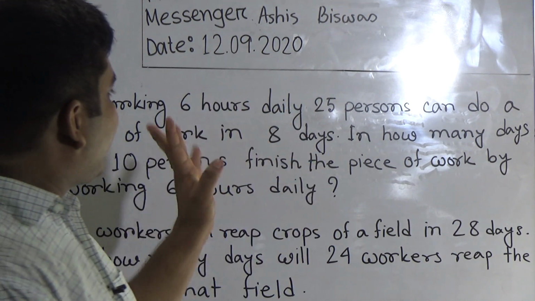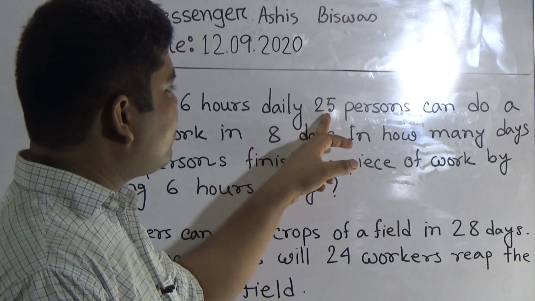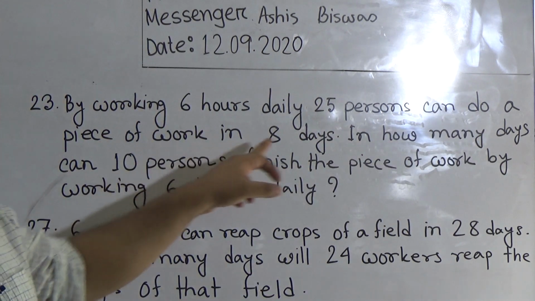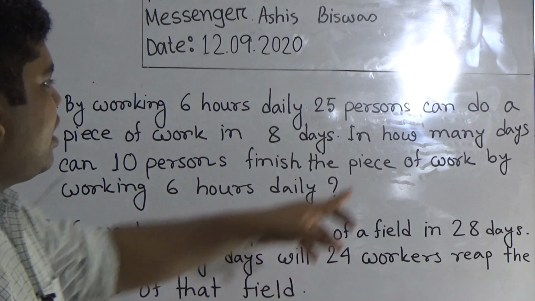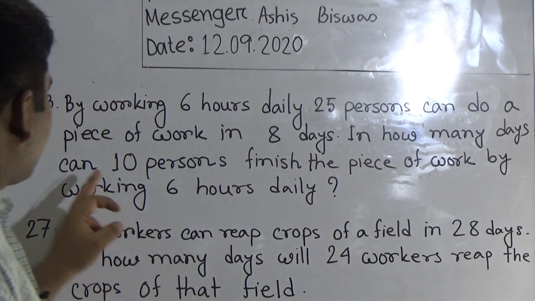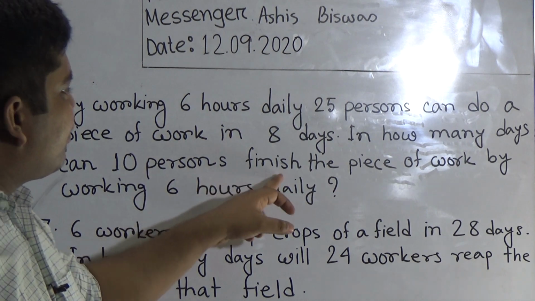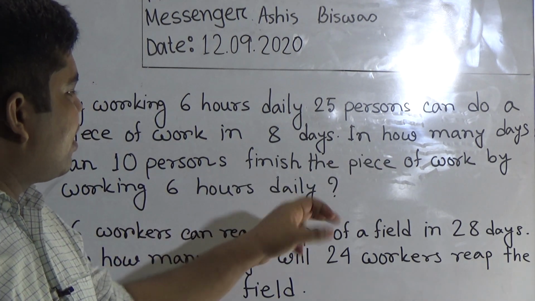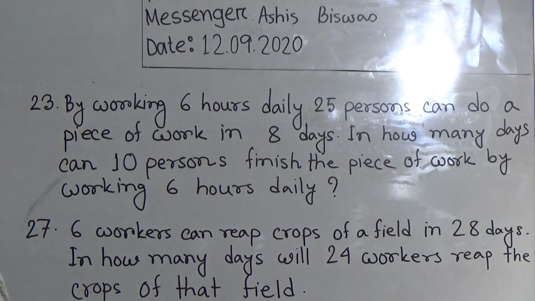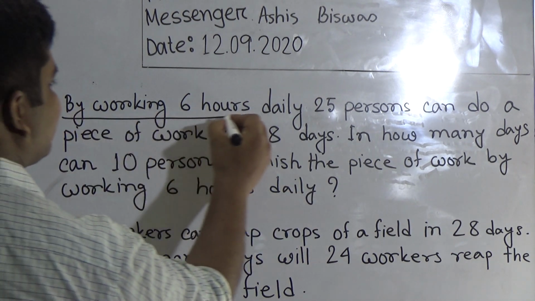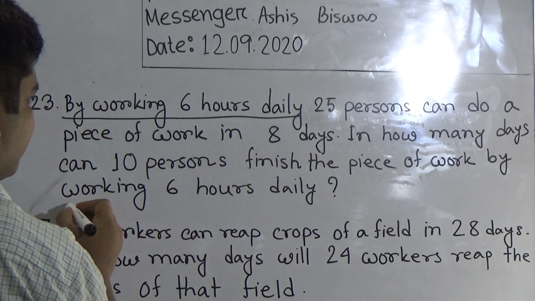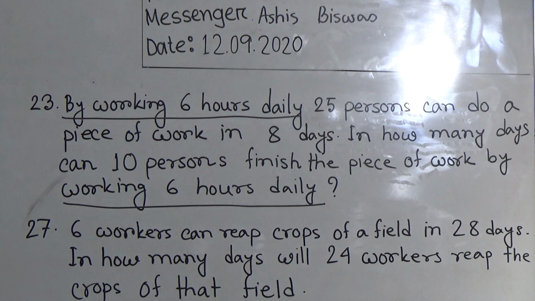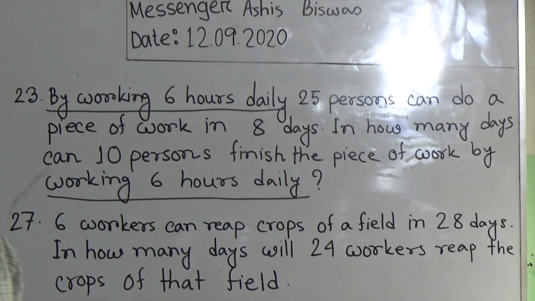In how many days can 10% finish the piece of work by working 6 hours daily? Notice here "by working 6 hours daily" and here also "by working 6 hours daily". So we don't use this in our calculation.